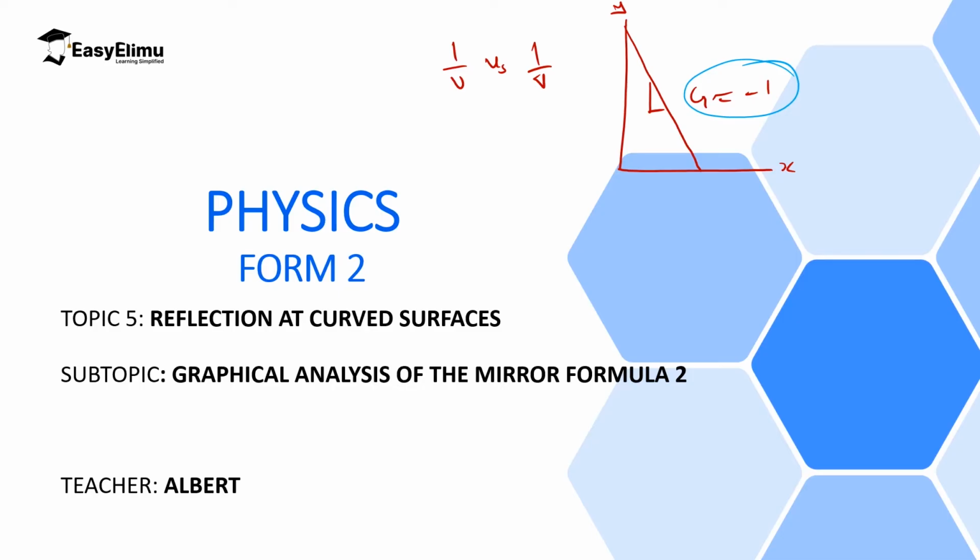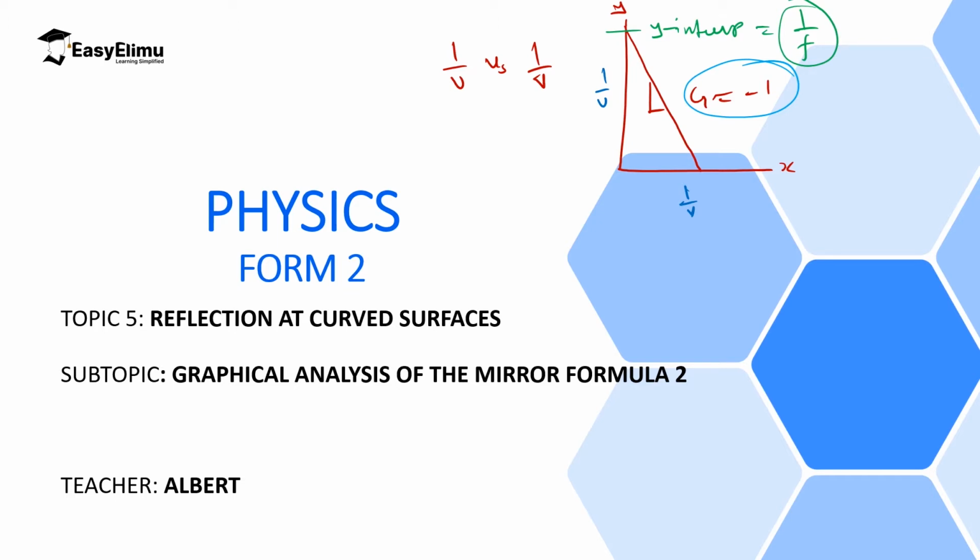Therefore, if this graph was 1 over u versus 1 over v, then where this line touches the y-axis, that is the y-intercept, this one will give us the reciprocal of the focal length of the mirror.